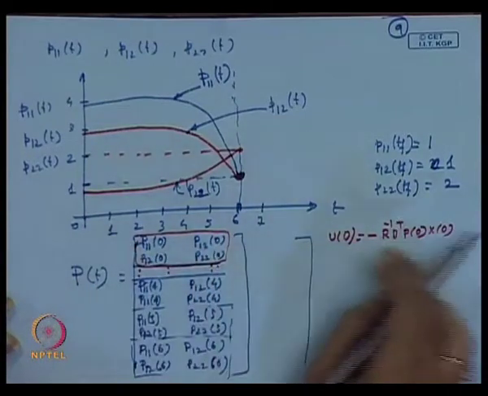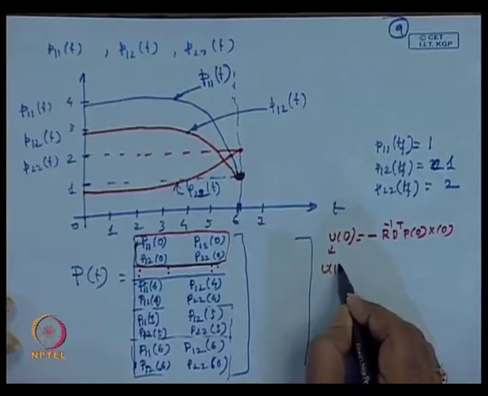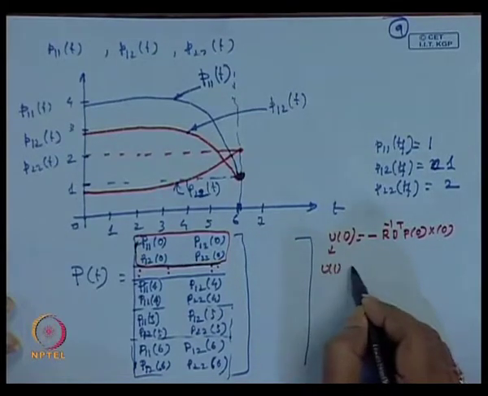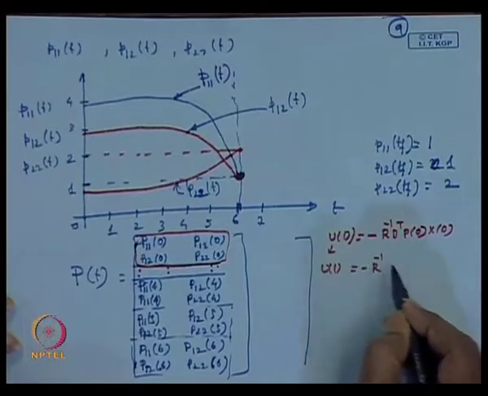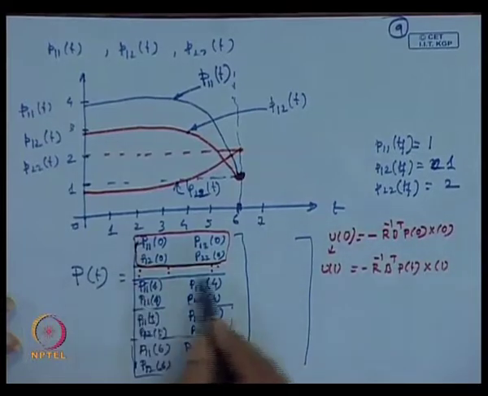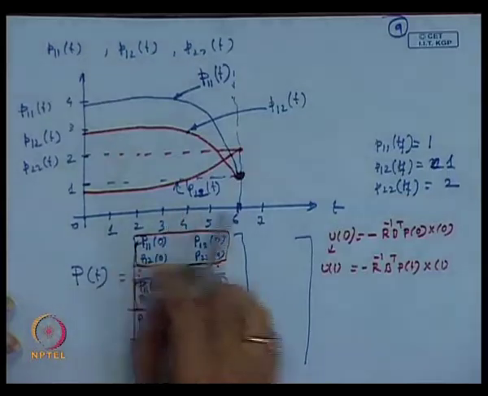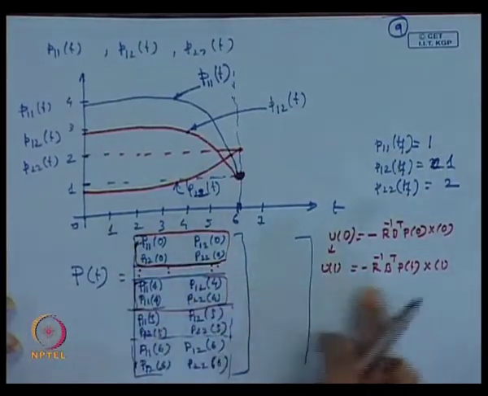Now, how to find u of 1? It is again minus R inverse B transpose P of 1 times x of 1. So P of 1 is retrieved from the stored memory.